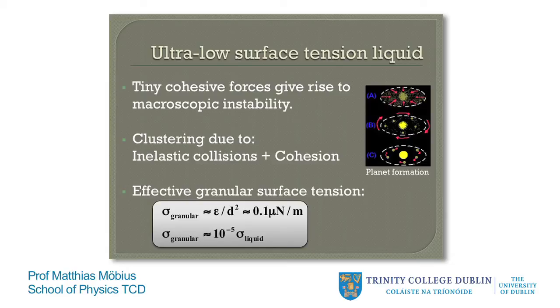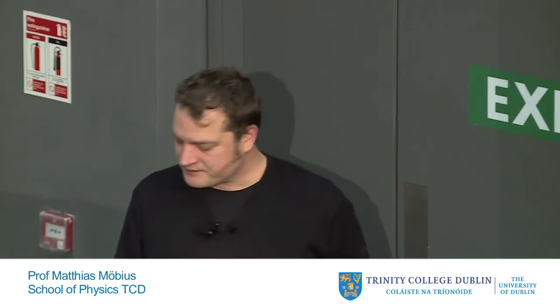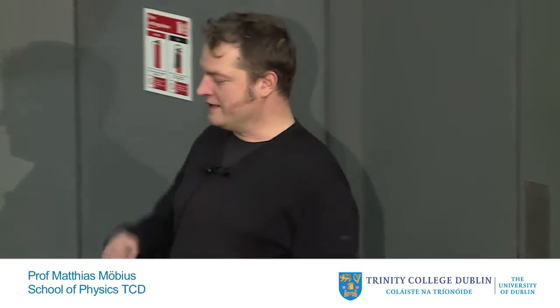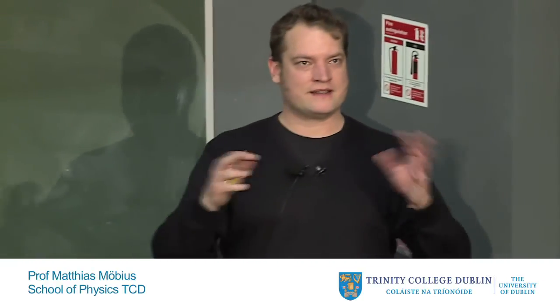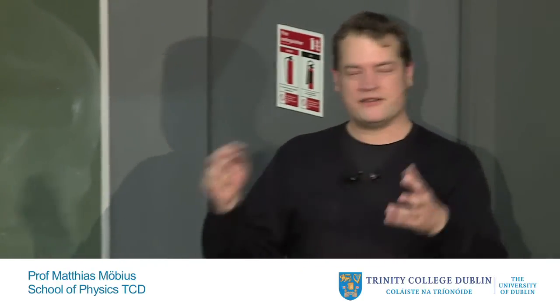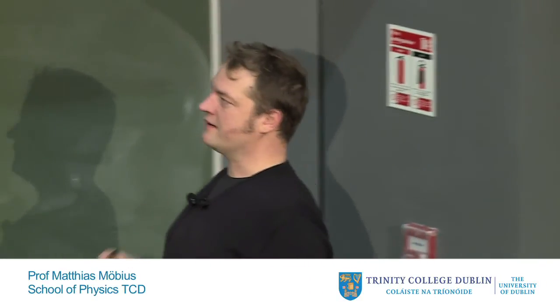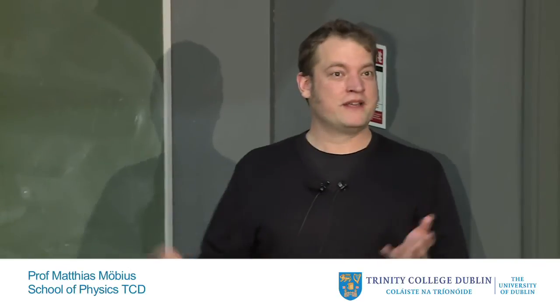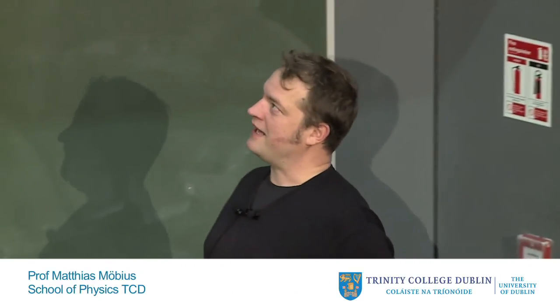It's also actually interesting for astrophysicists because, for example, of planet formation. Initially there's some interstellar dust, then there's gravitational attraction, and then these dust particles somehow clump together. Then these clumps clump together into bigger clumps, and eventually you get a planet.